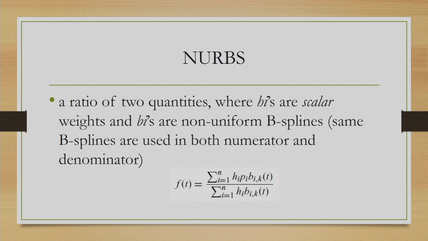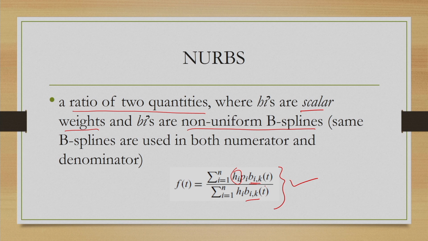And finally, NURBS refer to B splines which actually refer to the ratio of 2 quantities shown here in this expression. The h i's are the scalar weights and the B i's are non-uniform B splines.